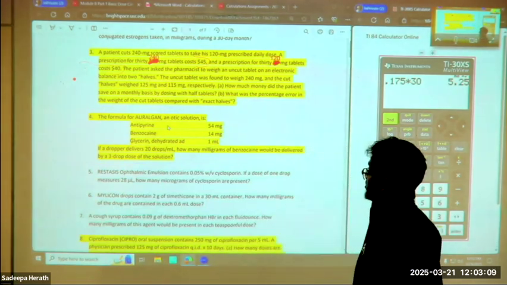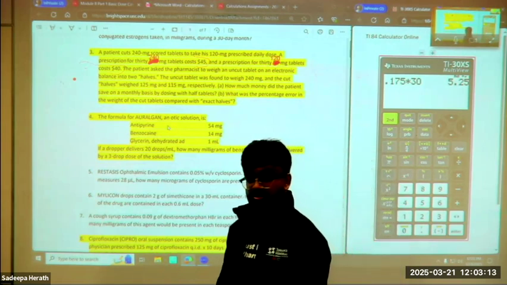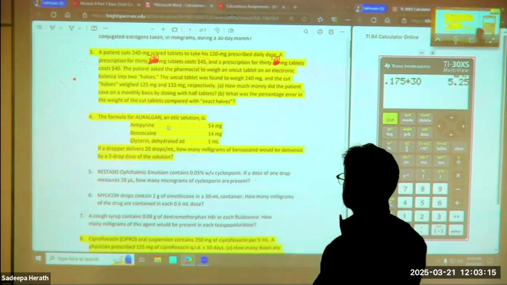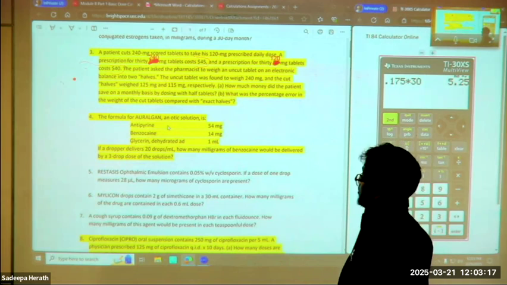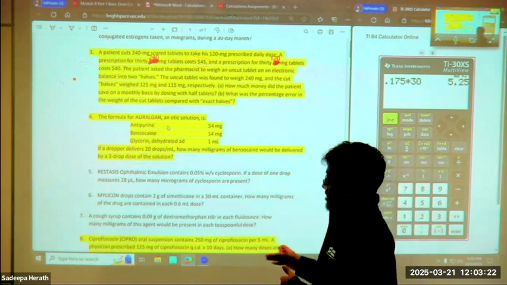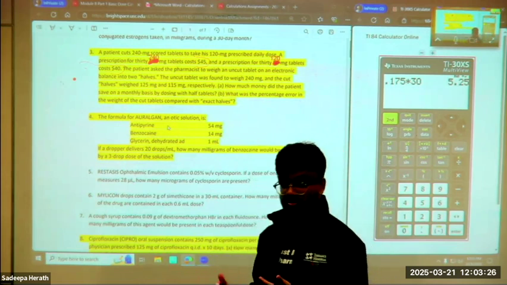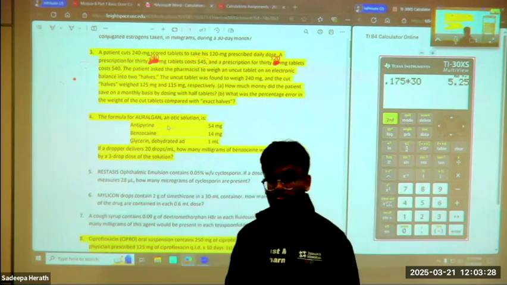For the 240 milligram tablets, that's going to cost them $45, and for the 120 milligram tablets, it's going to cost the patient $40. So there's money and there's numbers of tablets. That's, if you really think, kind of what we need for this problem.